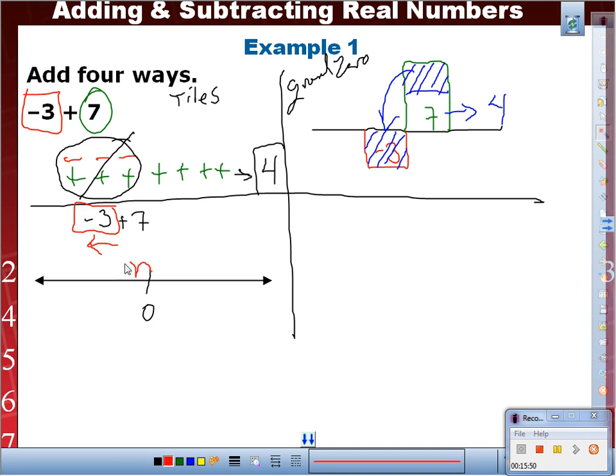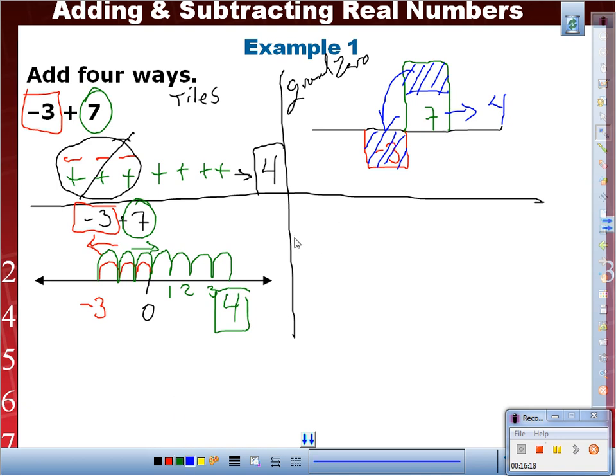So I go 1, 2, 3. I land at -3. Next number tells me to go to the right from where I landed, 7 steps. 1, 2, 3, 4, 5, 6, 7. And where do I land? 1, 2, 3. I land at 4.